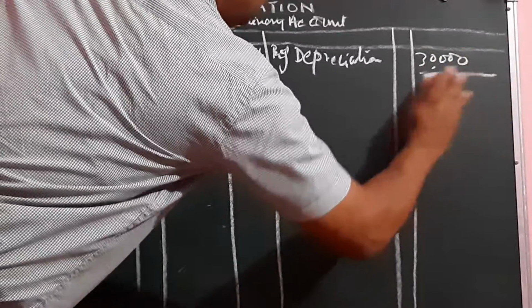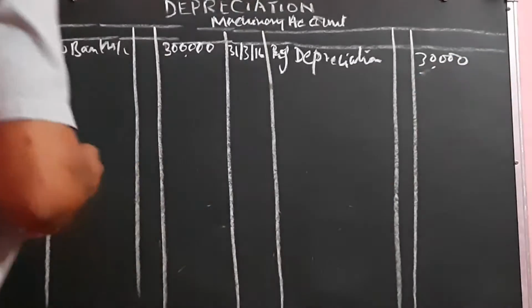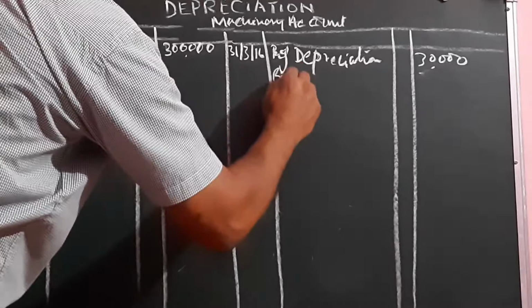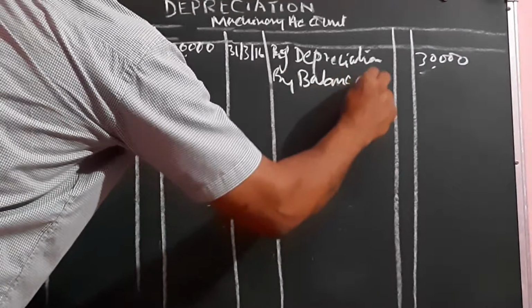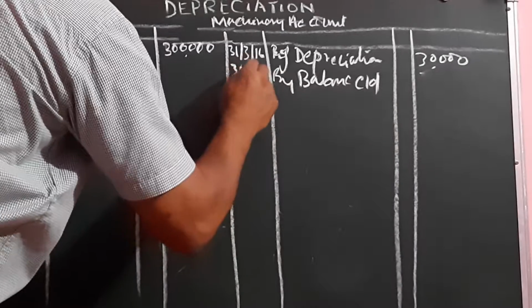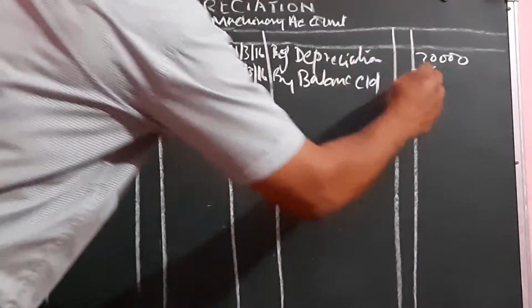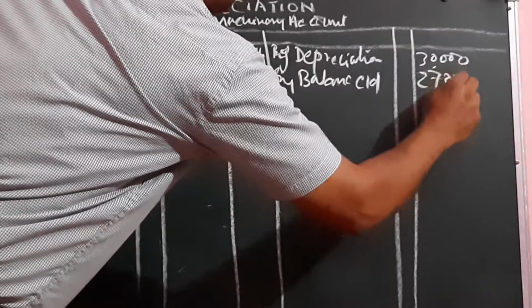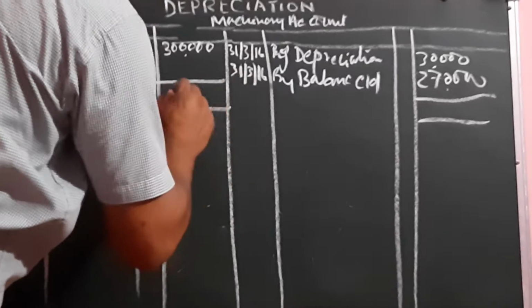The remaining amount, the balancing amount, is by balance carried down on 31st March 16, which is 2,70,000. So the first year total is 3 lakh.